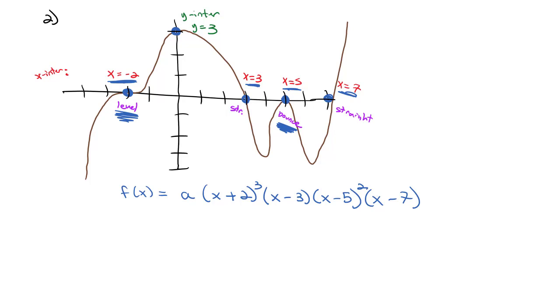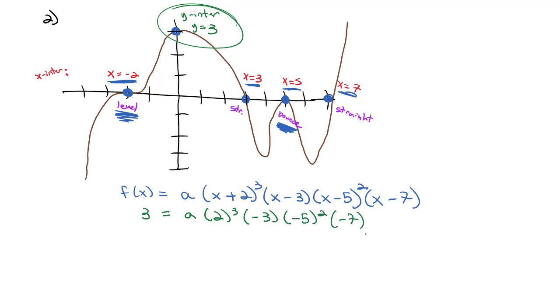We find that a out front by using the y-intercept. At the y-intercept, we know the whole thing is equal to 3 when x is equal to 0. So I can find a, if x is 0, we have 0 plus 2 is 2 cubed. 0 minus 3 is -3. 0 minus 5 is -5 squared times -7.